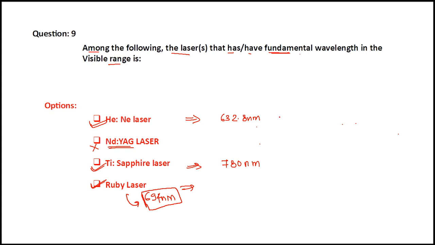The other thing is, in the helium neon laser, the other two wavelengths are 3391.3 nanometer and 1152.3 nanometer. These are the other two wavelengths which you can get using the helium neon laser, based upon the electronic transition which is occurring.